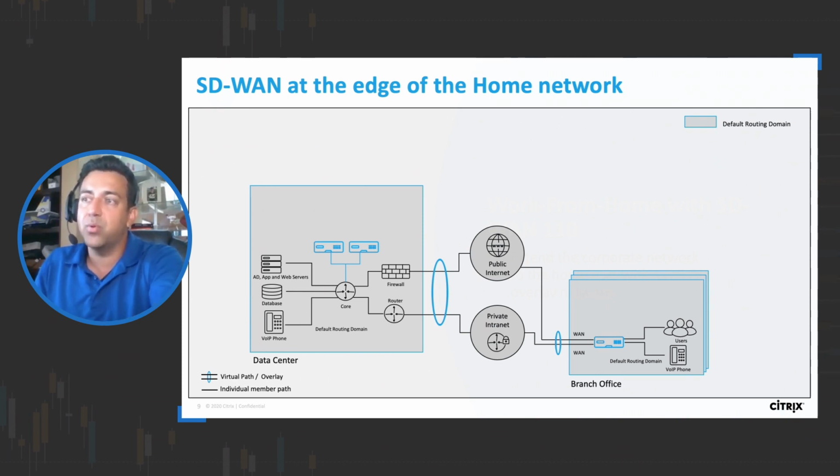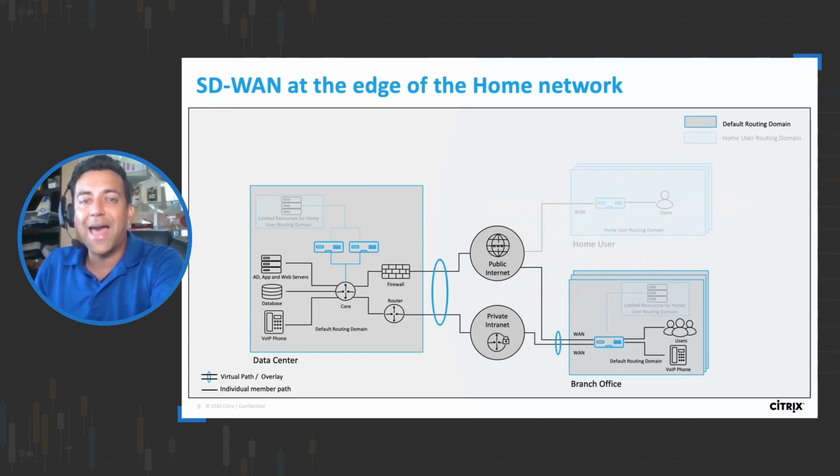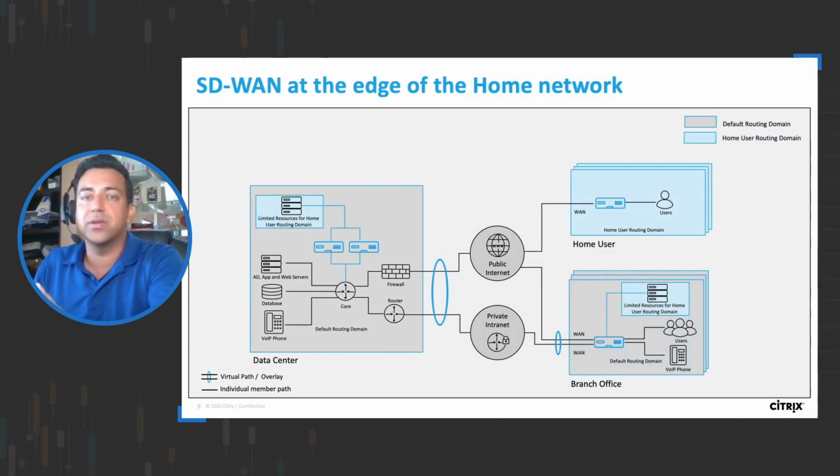So we have an existing deployment of SD-WAN with virtual path between sites, but we can add a new routing domain to introduce the home users and isolate the new segment from the remainder of the deployment. Each routing domain creates a separate route table on the SD-WAN device.